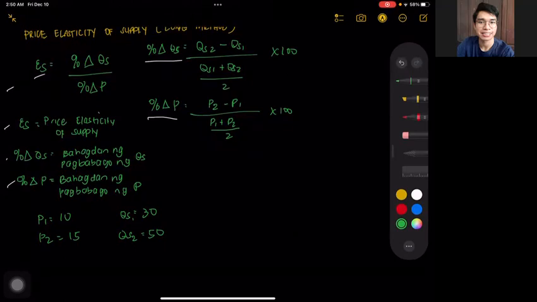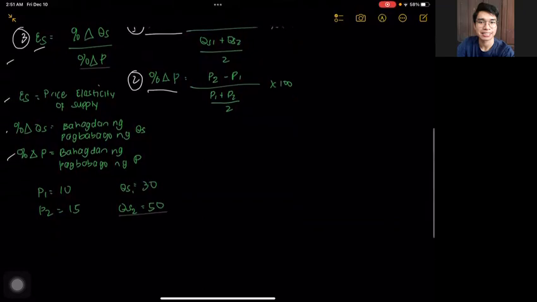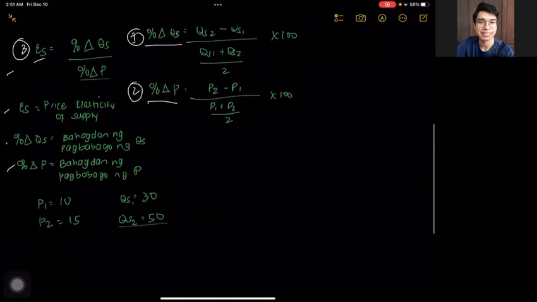So para makuha natin yung elasticity of supply, we need to get first the value of the percentage change of QS, and the percentage change of price, and panghuli na po ang elasticity of supply. So unahin natin yung una, which is the percentage change of QS.